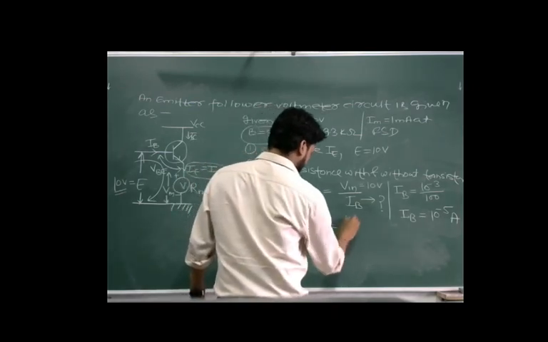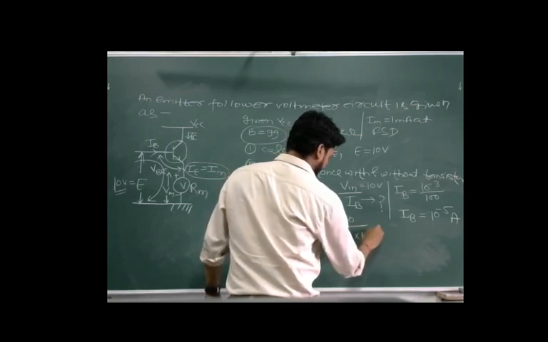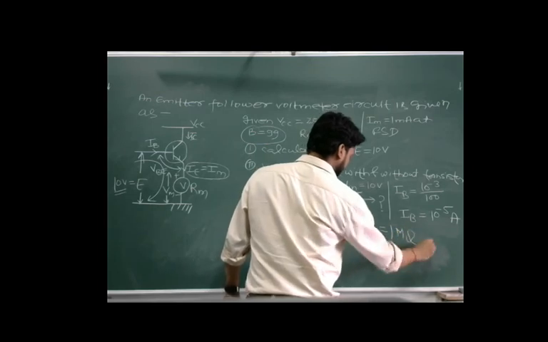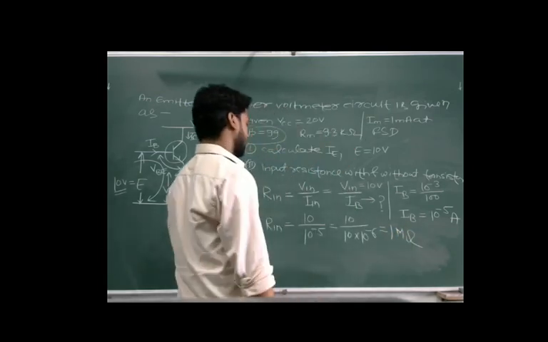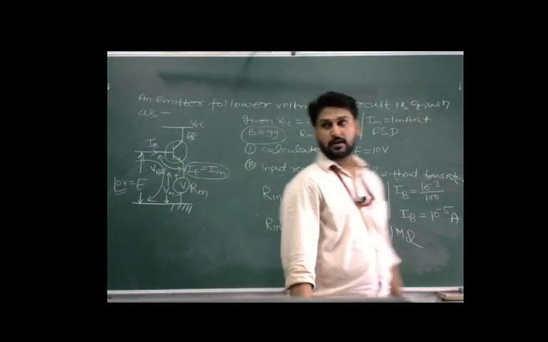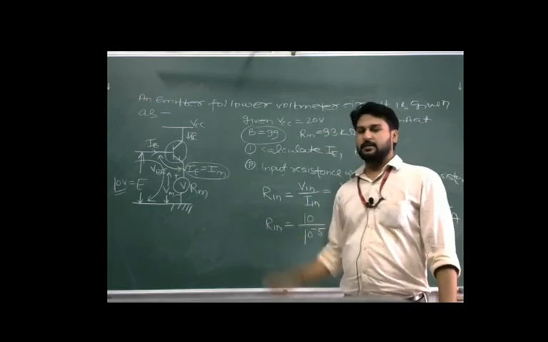This is equal to 10 upon 10 into 10 power minus 6. This is 1 mega ohm. So this is the value when the transistor is connected in series with the voltmeter.